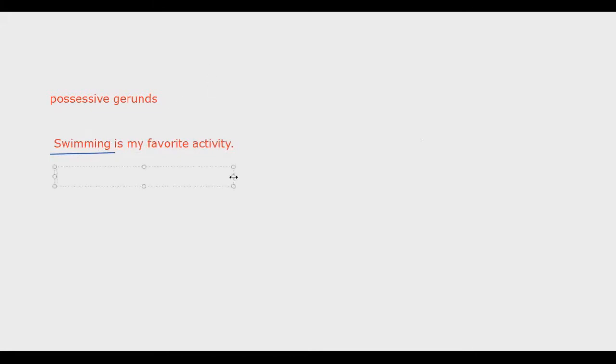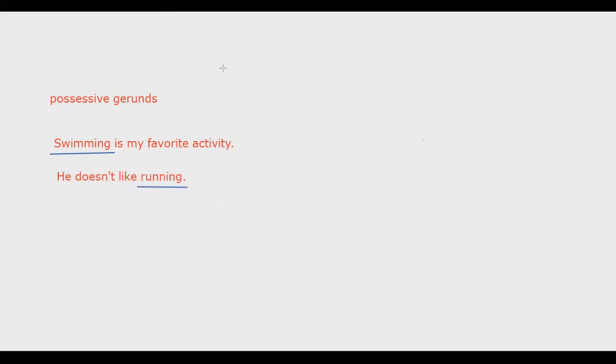And alternatively, ing verbs could be the object of a sentence, like the direct or indirect object. So for example, he doesn't like running. So running is another gerund here because it's the direct object of the action doesn't like.